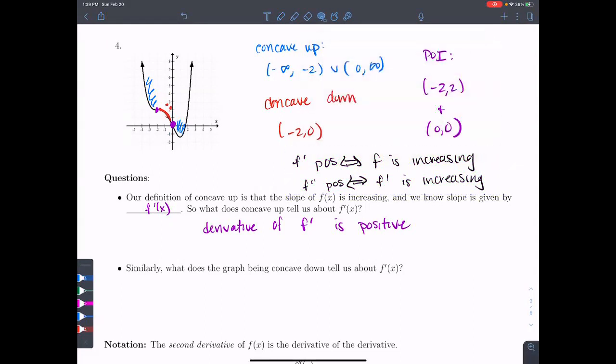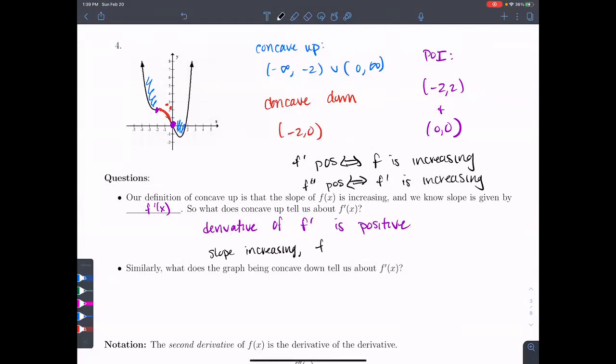So if the derivative of f prime is positive, then f prime is increasing. Slope is increasing means the derivative of f prime is positive. Oh, I've used this double tick mark.